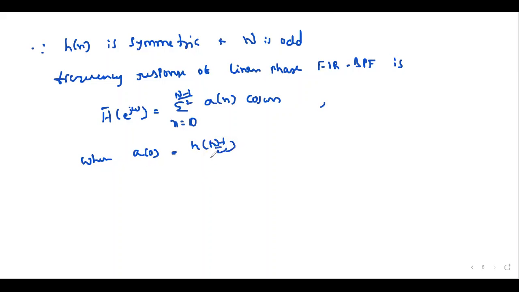Then a of n is equal to 2 h of (N minus 1) by 2 minus n.